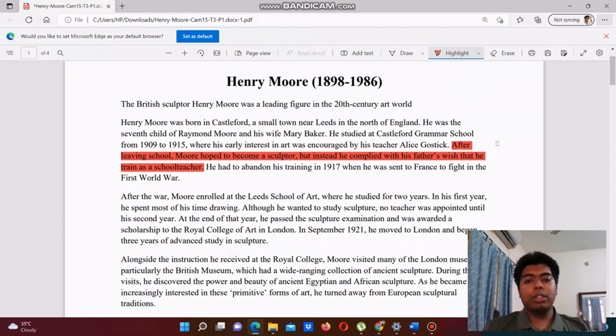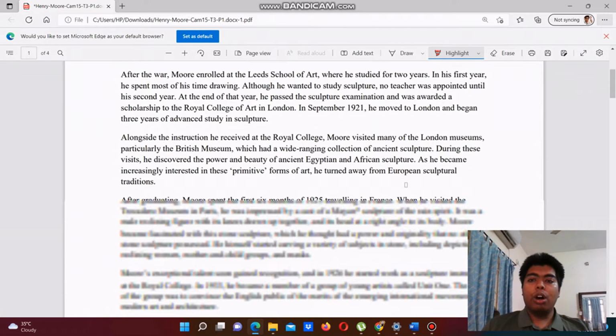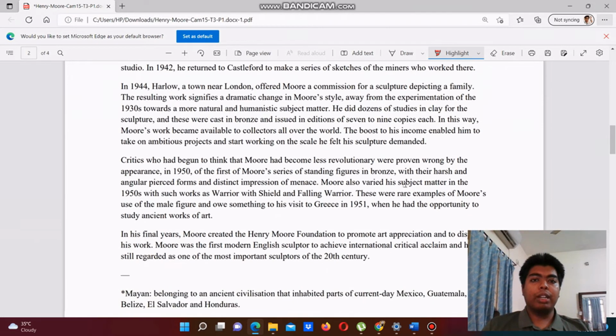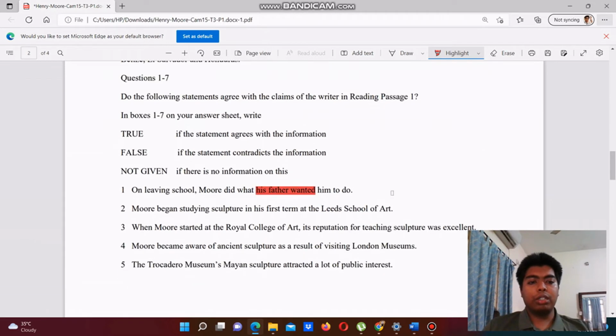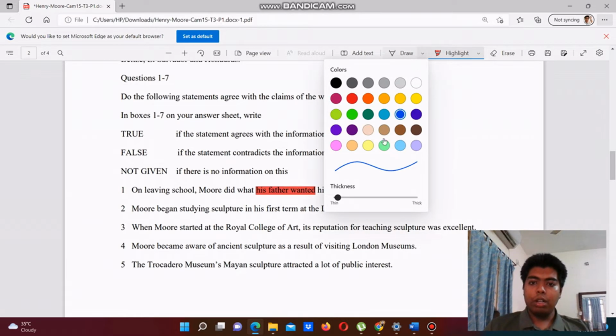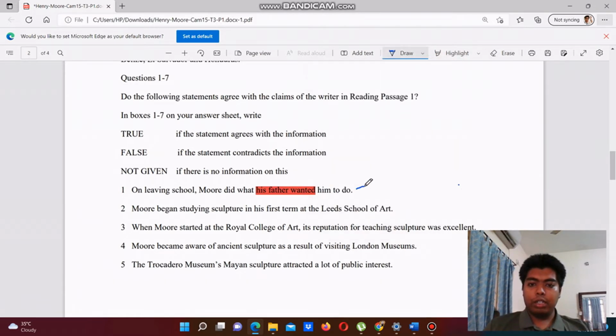So he went for his father's advice. So obviously we can come to the conclusion that on leaving school, Moore did what his father wanted him to do, and the answer will be true because he listened to his father. Okay, so we can write it's true.